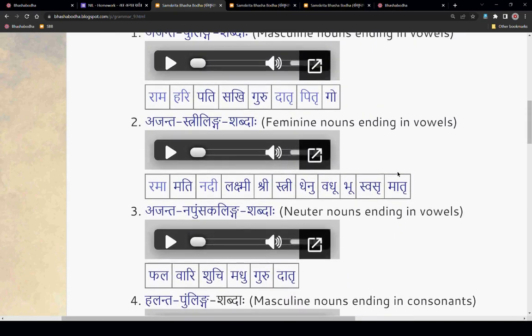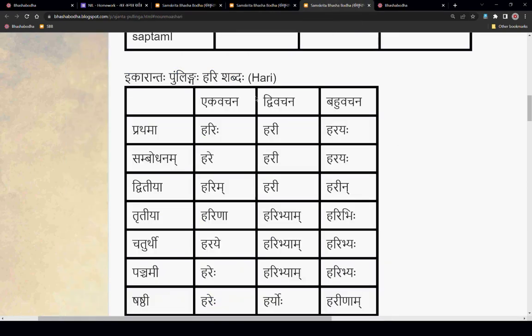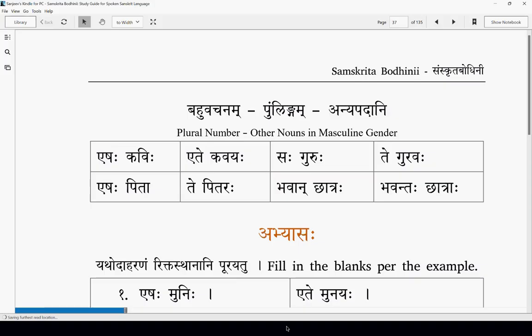If you look at the varnamala, the swaras mainly, because this is ending in short i, which is a swara. Remember, let me take you back to the varnamala here.